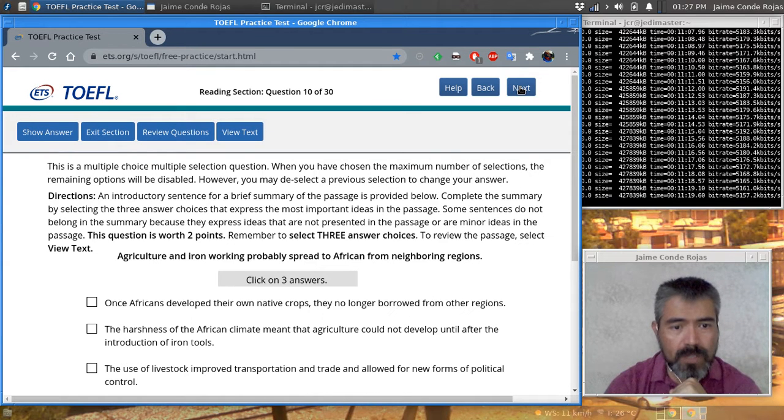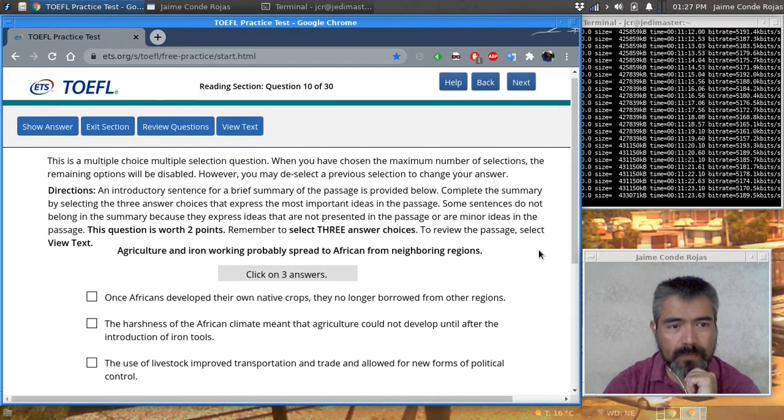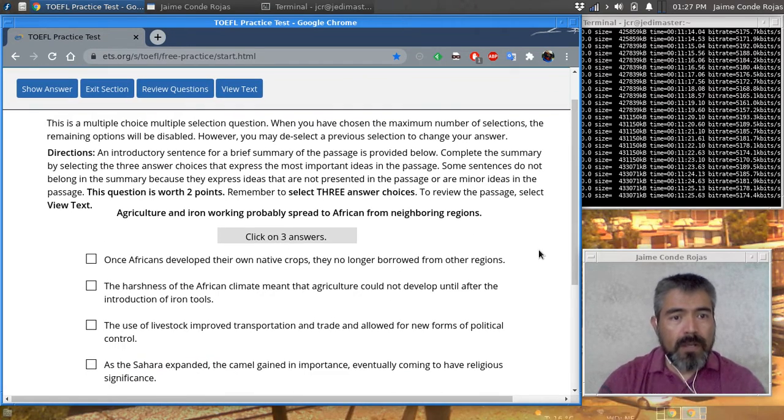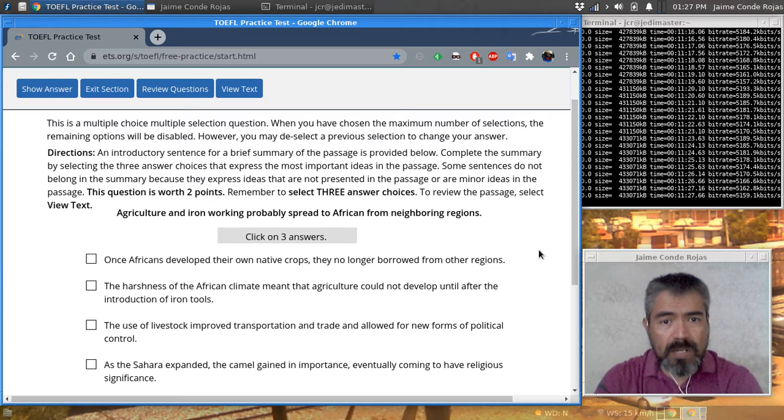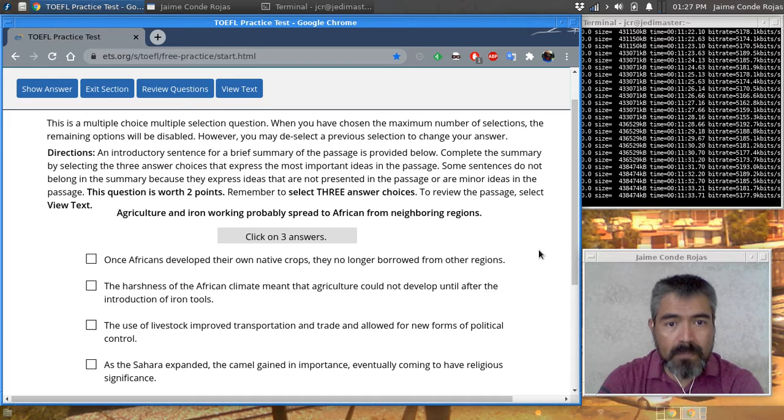Another type of question. This is a multiple choice question. Selection question. When you have chosen the maximum number of selections, the remaining options will be disabled. However, you may deselect a previous selection to change your answer. Directions. An introductory sentence for a brief summary of the passage is provided below.